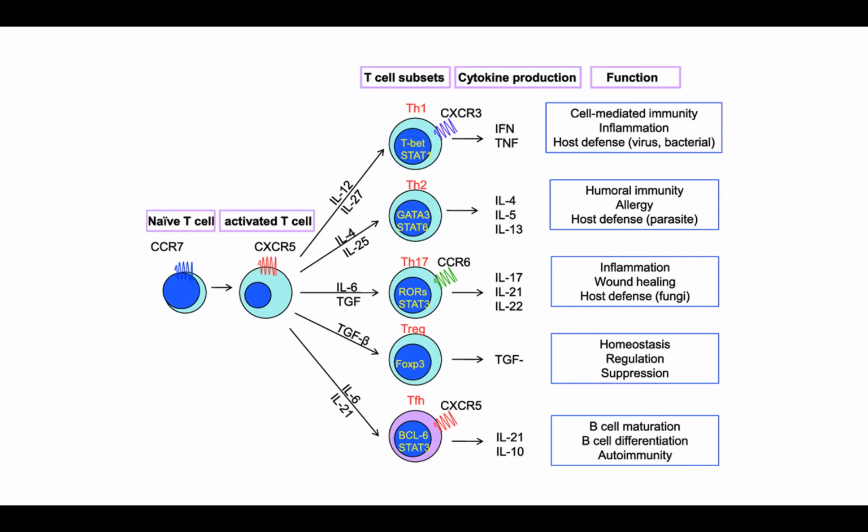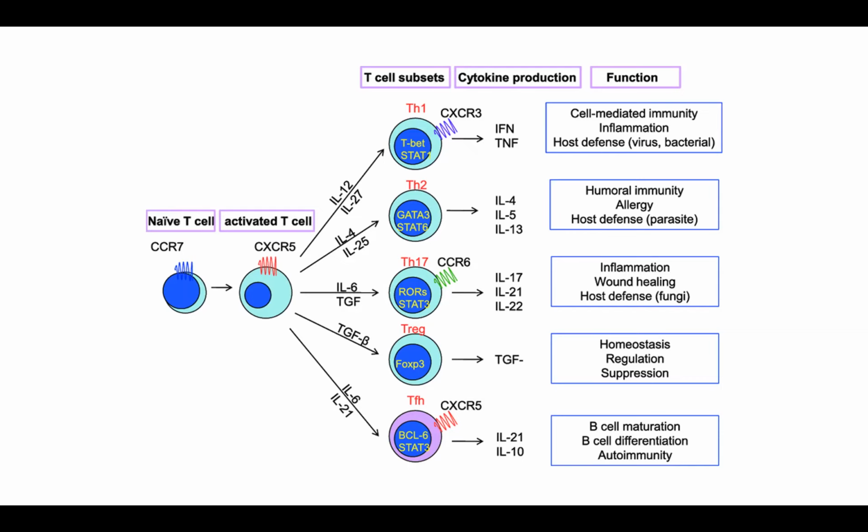So you have the IL-4 that helps produce the TH2, and the IL-25. IL-6 will help produce TH17. TGF beta helps produce the Treg. IL-6 and IL-21 will help to produce the TFH. Okay. And then once those are produced, they'll produce a certain type of cytokine, like I said before on the previous slide.